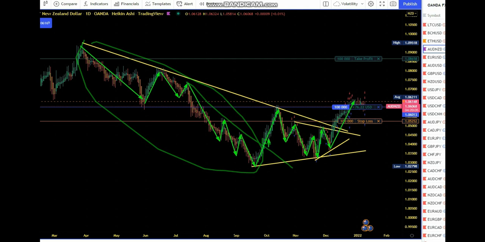The market went up and then boom, fell again. So everybody who was long went short. What happened? The market rose again. They had their stops already here. The market came down again. They were happy.